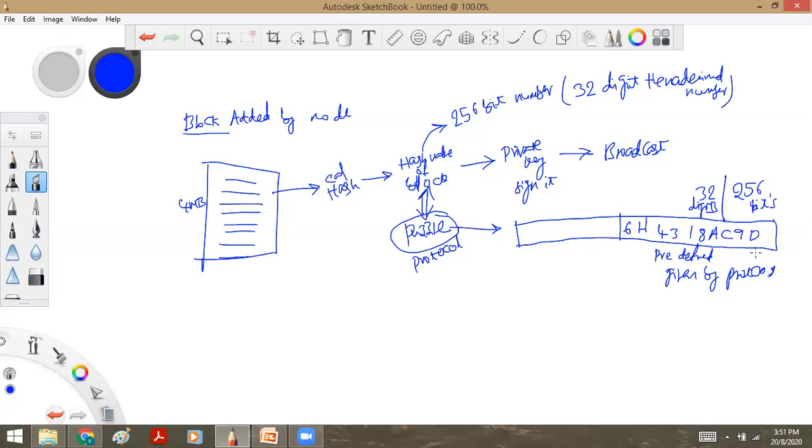Imagine 32 bits are not given, and 256 minus 32 is 224 bits, which is randomly given by the protocol, and the 32 bits are not given. It is X. Let's come to this at a later stage.